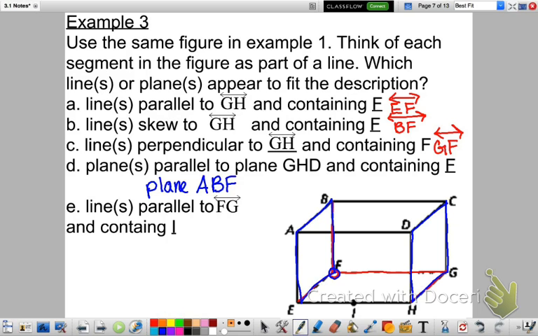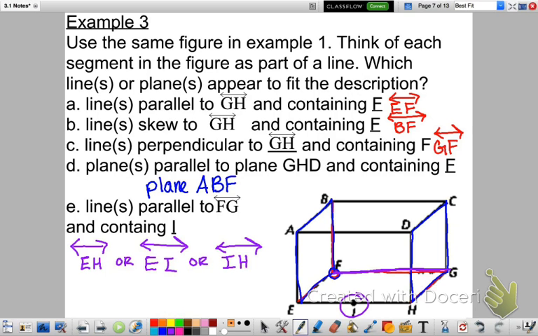And then lastly, I want a line that is going to be parallel to FG and contain point I. I can name this line EH or line EI or line IH. All three names would talk about the same line.